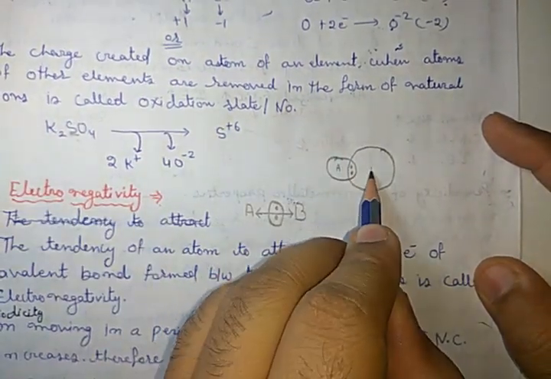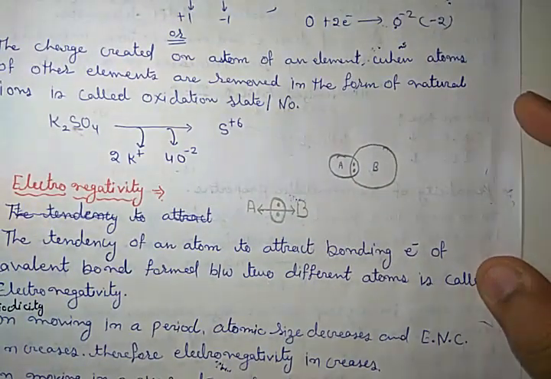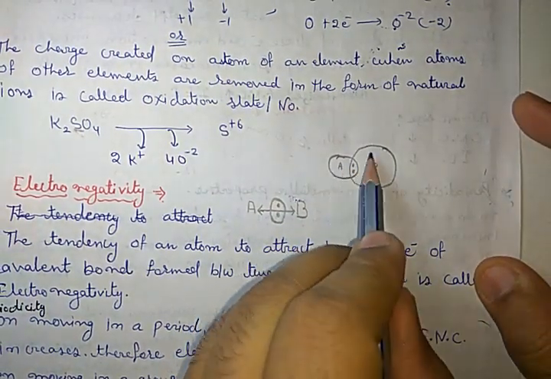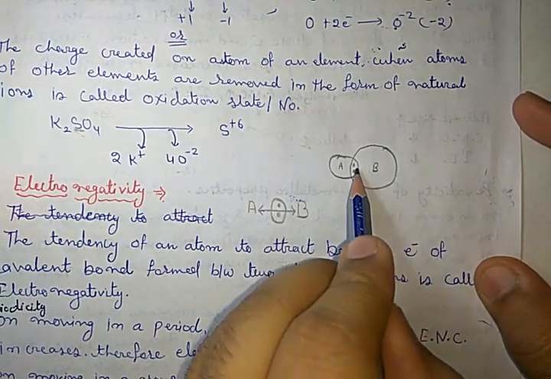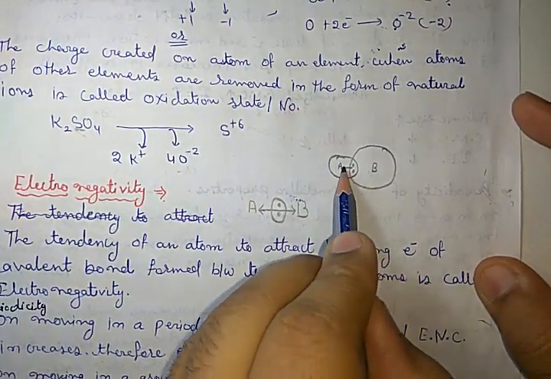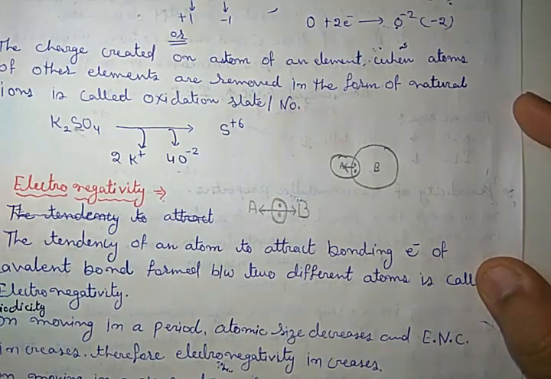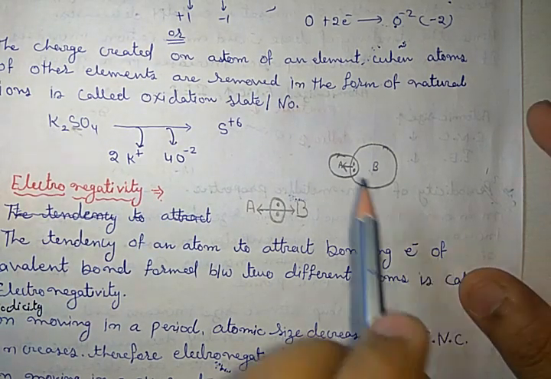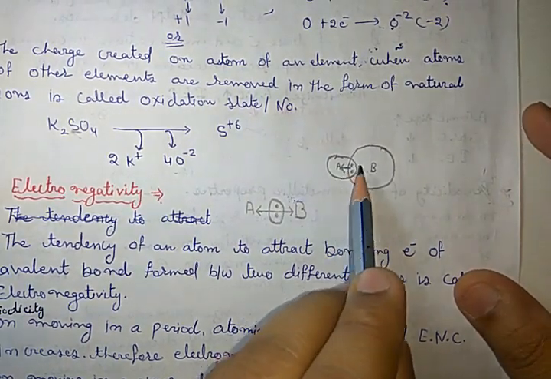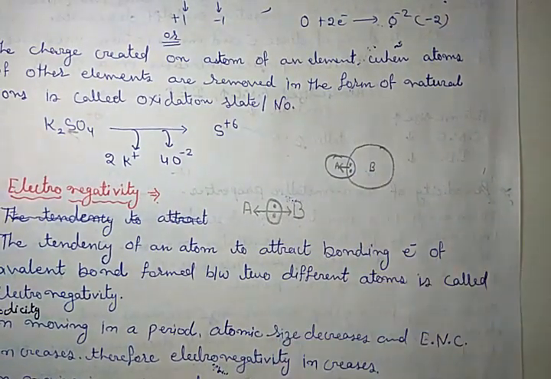Suppose that is A and that is B. A is smaller and B is larger. These bonding electrons will be attracted strongly by A. Why? Because A is smaller. Since A is smaller, its effective nuclear charge is more than B.